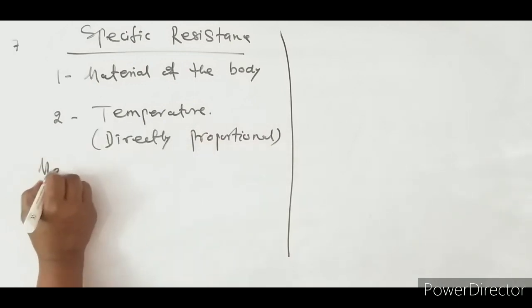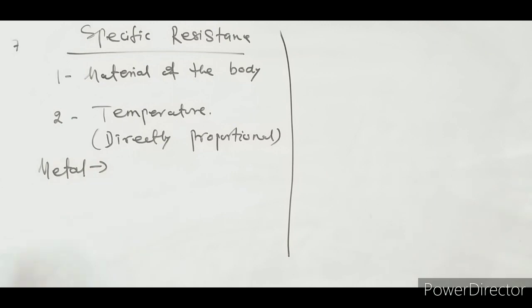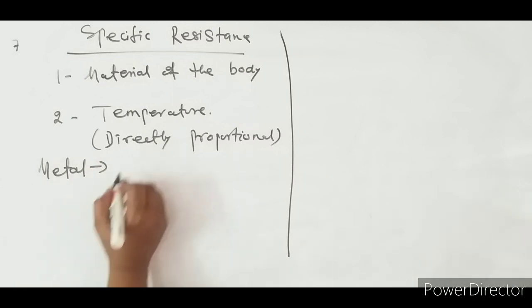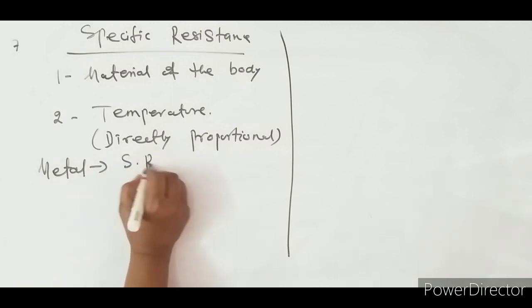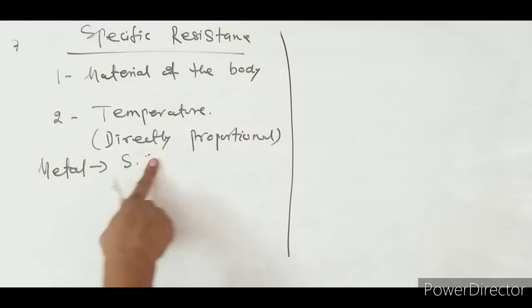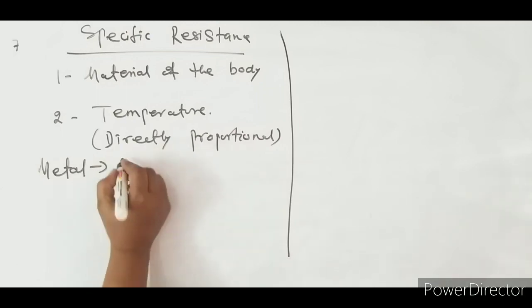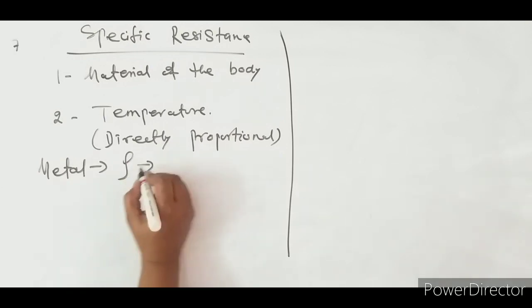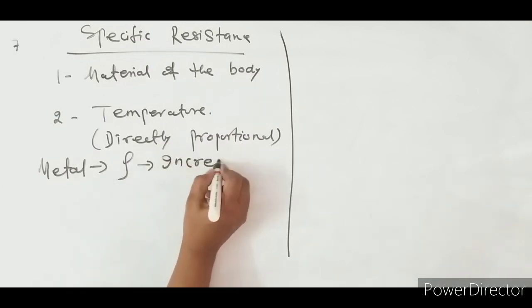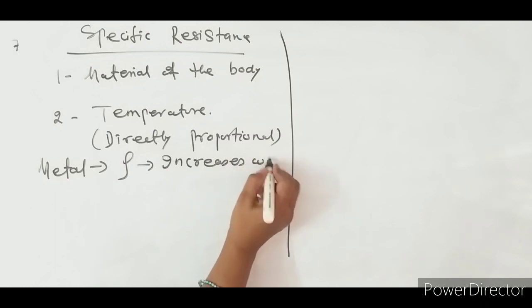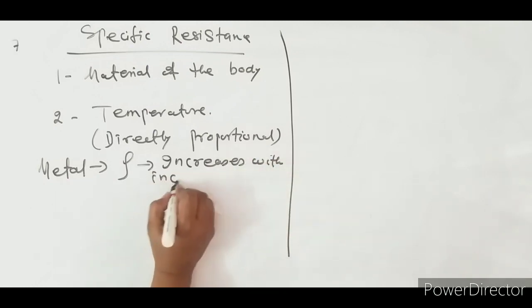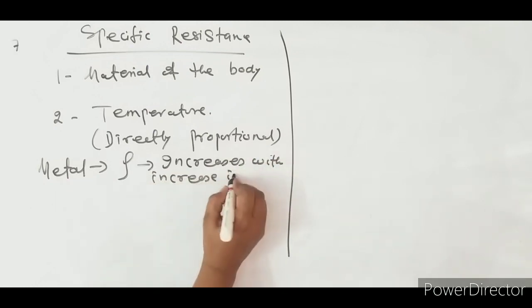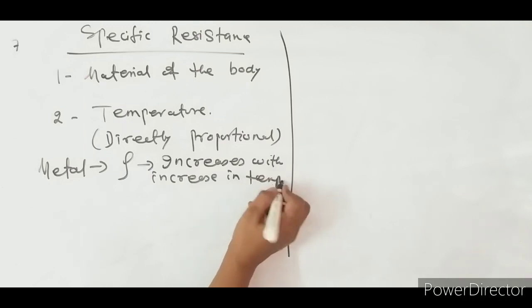Okay, so here the specific resistance increases with increase in the temperature in case of metals. So let us write that one. In case of metal, this rho, symbolically let us write, increases with increase in temperature.